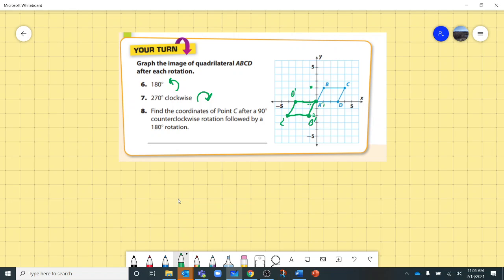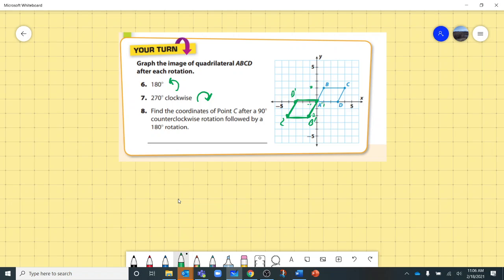Not great. Let's try again. Maybe if I stay better on the line. Yeah, close enough, I guess. That green line right here should be on the axis, not above it, but that's okay. So our rotation of 180 degrees would look about like that.